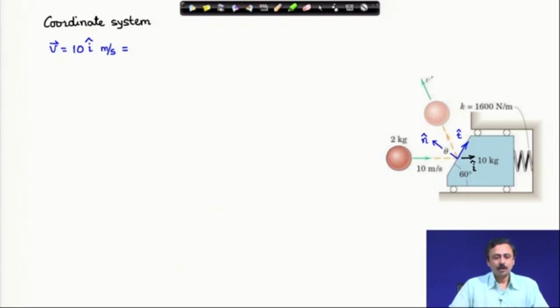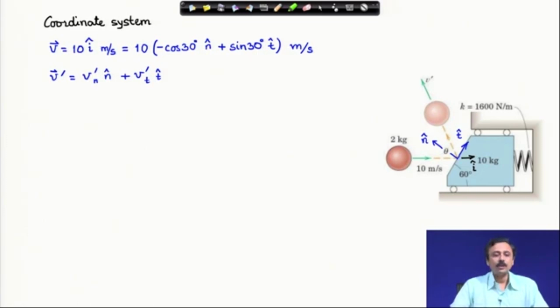This is the representation of the incoming velocity, which I can also represent in the tangent normal system, which is the magnitude, 10 meter per second, times the unit vector I cap, now represented in N cap and T cap, and it turns out, which you can very easily check, as minus cosine 30 degree N cap plus sine 30 degree T cap. I have represented the incoming velocity in both the coordinate systems.